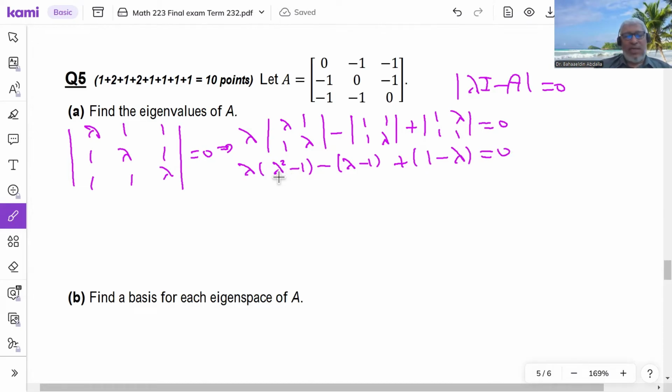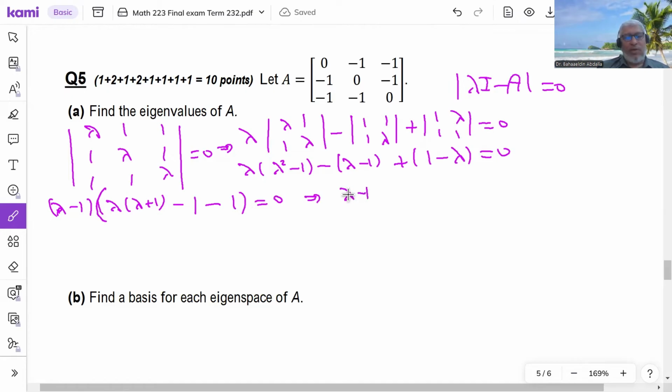I can see that I have lambda minus 1 here and here, so I'll take lambda minus 1 as a common factor. I'll have here lambda times lambda plus 1, because lambda square minus 1 is lambda minus 1 times lambda plus 1. Minus, I took lambda minus 1 as a common factor. And here 1 minus lambda, I took lambda minus 1, so there is another minus 1, equals 0.